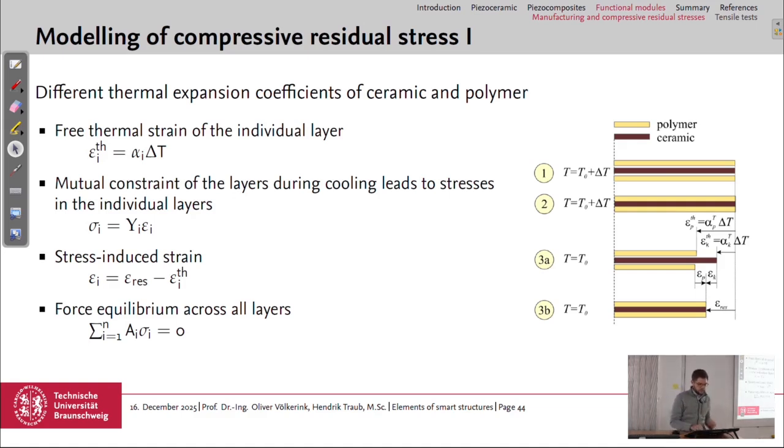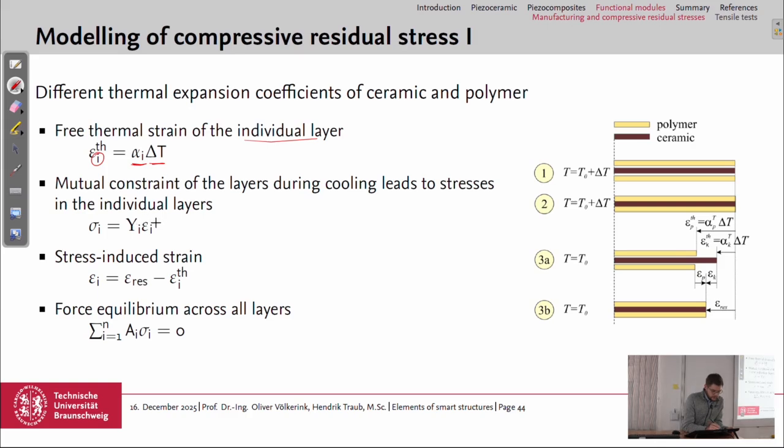We also can have a look at the buildup of the residual stresses. So, a simple model again. If we have the different individual layers i, the thermal strain forms from the coefficient of thermal expansion of the material times the temperature difference from the curing temperature, or the temperature where it solidifies, down to the room temperature, for example.